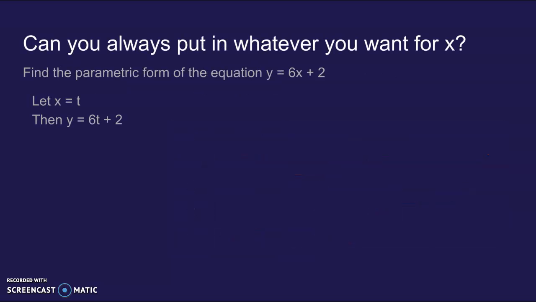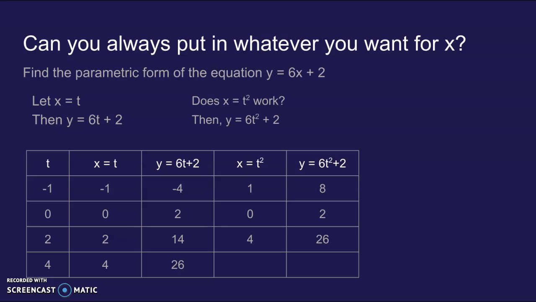So that works. Okay, well, what if I did x equals t squared? Well, in that case, y would equal 6t squared plus 2. And here's the table I get with that. All right, so I certainly can generate some of the same points because you can see I get 0, 2 in both of them. I also get 4, 26 in both of them.